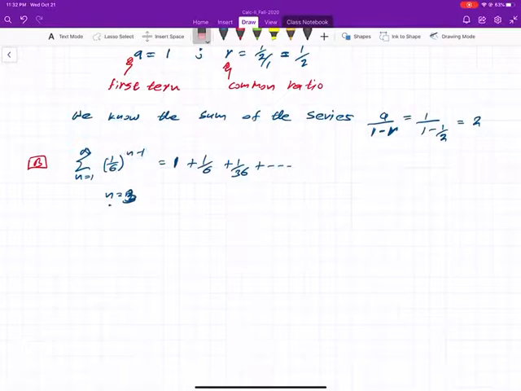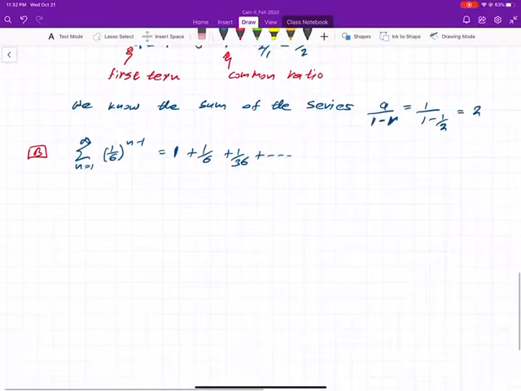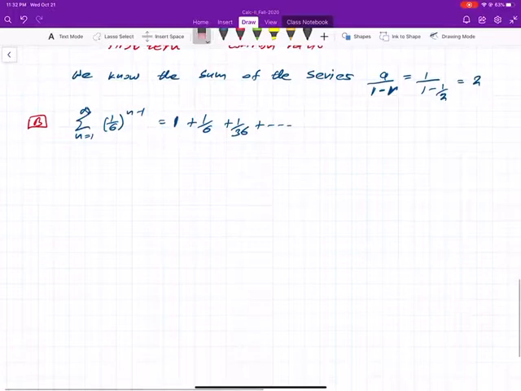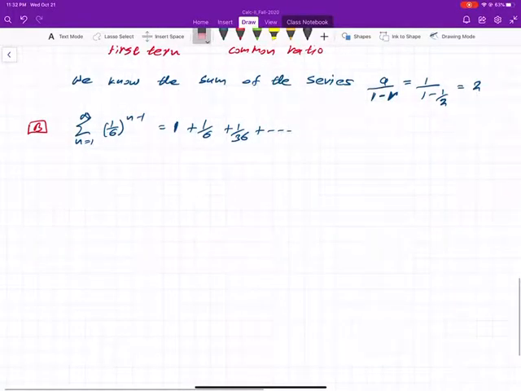Right, so these are the first few terms. Now you have to compute the first term, which is just 1, and the common ratio, which is the ratio between 2 consecutive terms. It is actually 1 over 6.